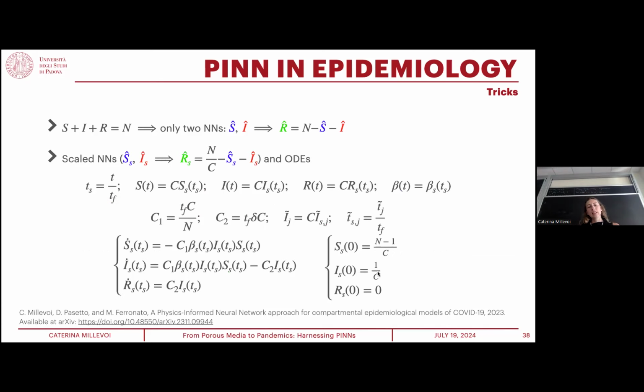And moreover, again the same problem with neural networks and PINNs, the range of these neural networks is extremely large and wide because they could span from 0 to, for example, in Italy, 55 million. And so we also scaled the neural network, and in this case, we also correspondingly scaled the system of ODEs.